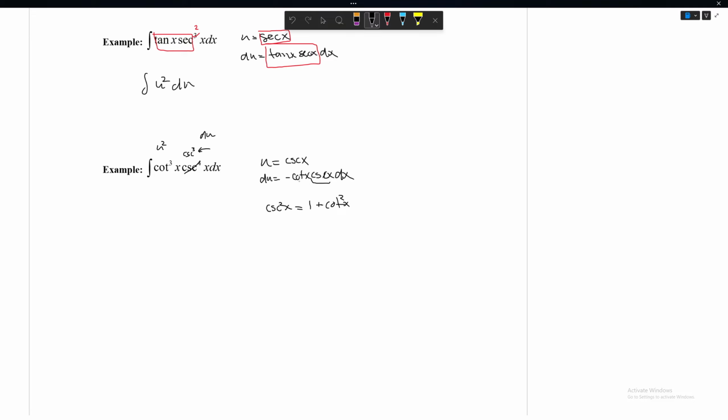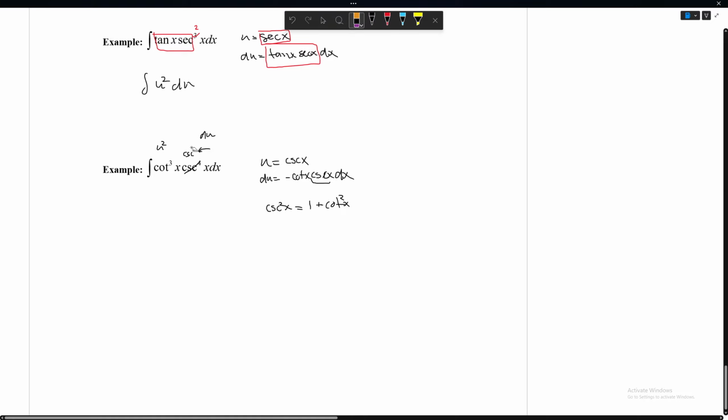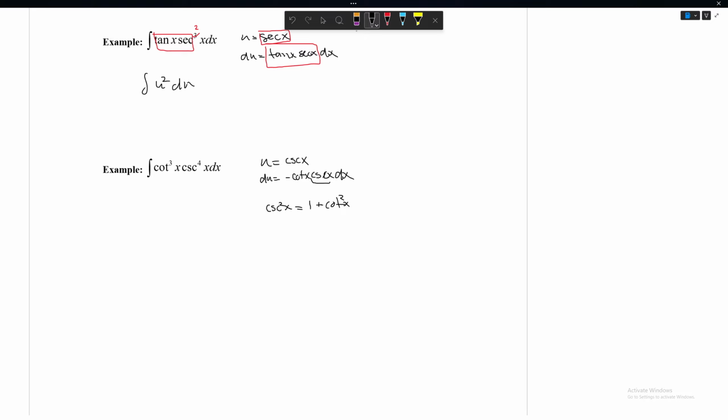But what will I have left? Oh, see, I made a mistake here actually. So you see, this is actually the other way. My u is cosecant. So my u here will be cubed, right? Because cosecant. And then my du will take one of these. So I'll have a cot squared x. And it works this way as well.